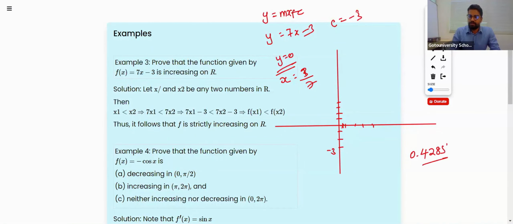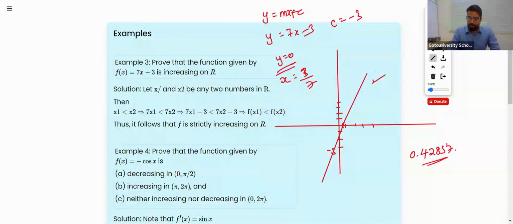This is a non-terminating number, so it's somewhere here. And when you join this line, you get a line like this. Is it an increasing line or decreasing line? It's an increasing line. As it's an increasing line, it has to be an increasing function in the real numbers. That's the graphical way of understanding this.